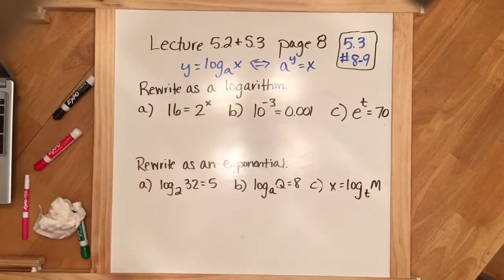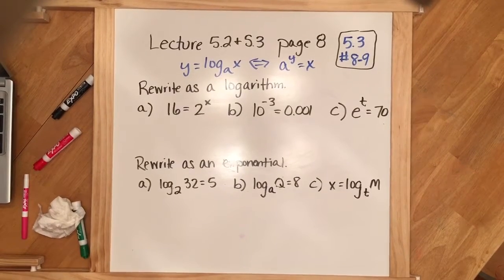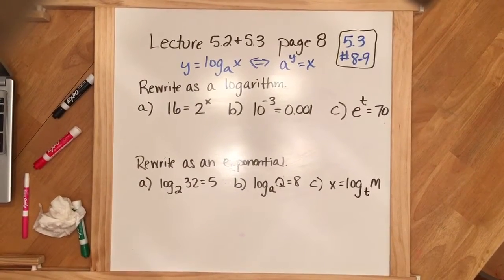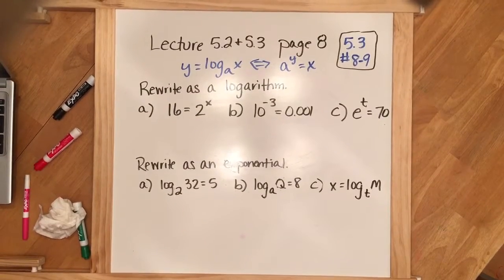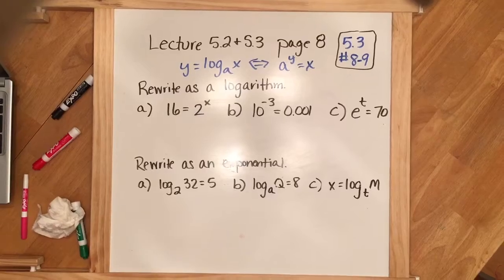So we have y equals log base a of x such that a raised to the y is equal to x. And we are going to go from exponential form to logarithmic form first.